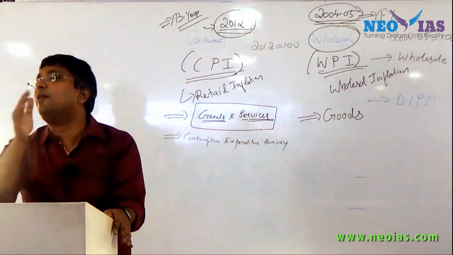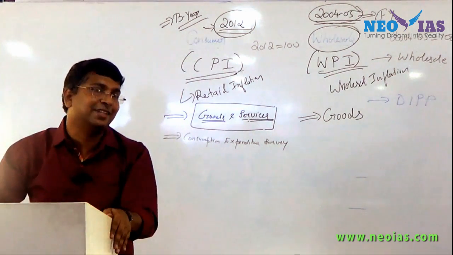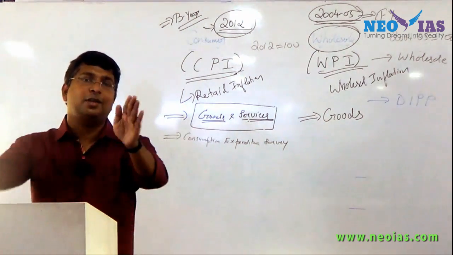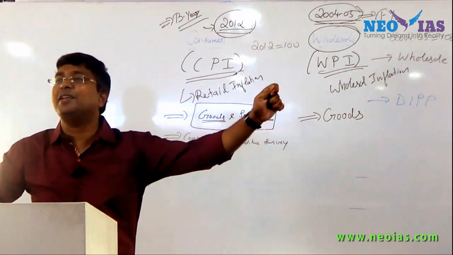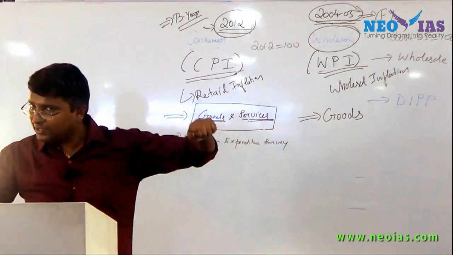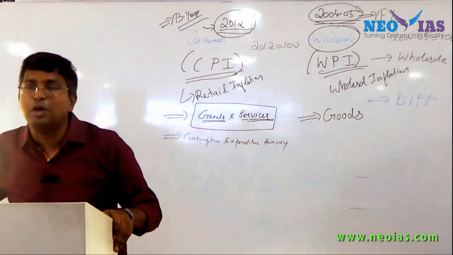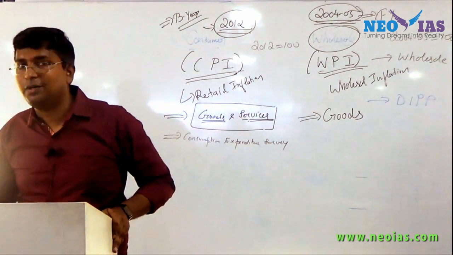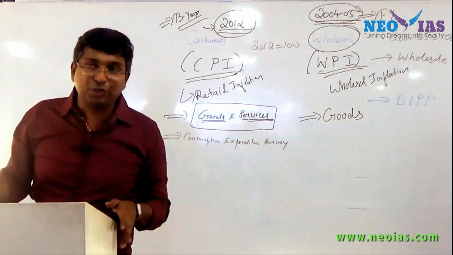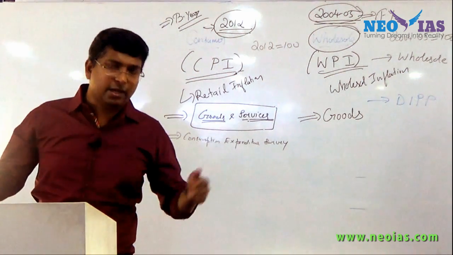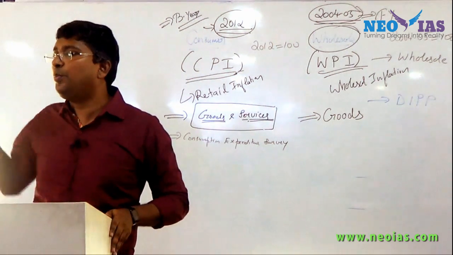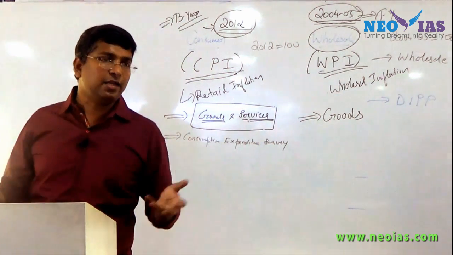This information is very important, because what will UPSC do? They will change it. They will say that the wholesale price index has more weightage, that more weightage is given to food items compared to consumer. They will confuse you. But if you are clear that for a consumer, the major expenditure is food items, obviously under the consumer price index, food items weightage is high.